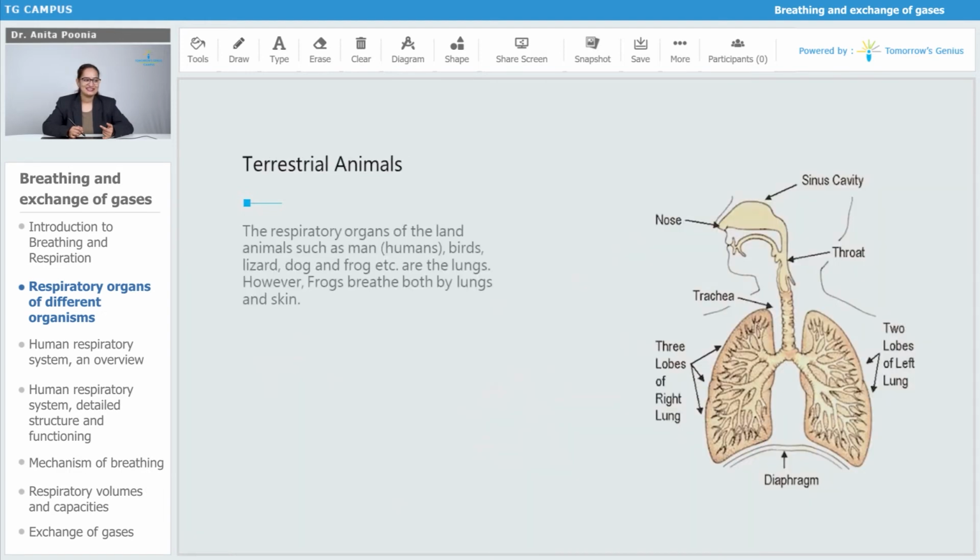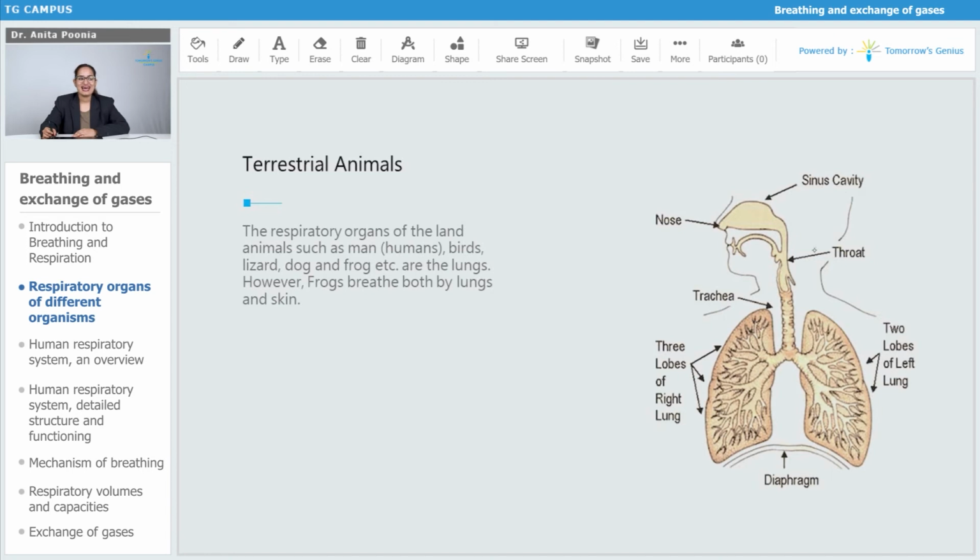Housefly. Now talking about the terrestrial animals, students. The respiratory organs of the land animals such as man, the human being, birds, lizards, dogs, frogs, etc. are lungs. However, frogs breathe both by lungs as well as the skin. So this is a diagram.